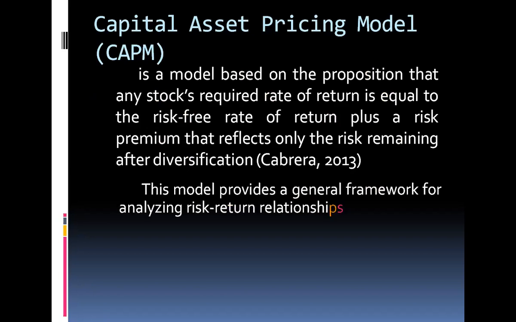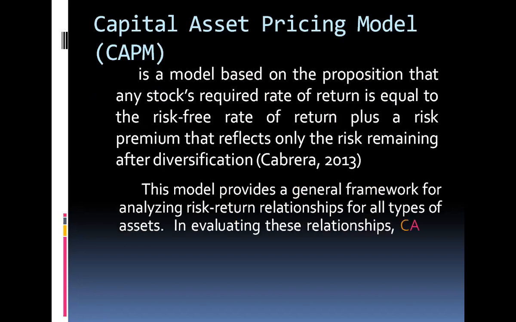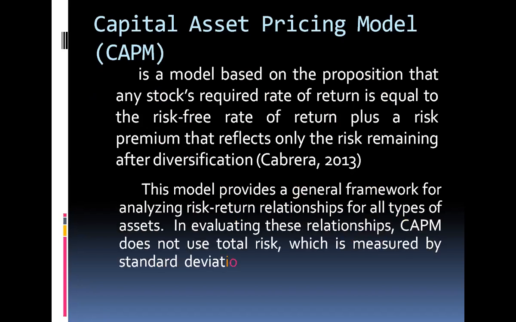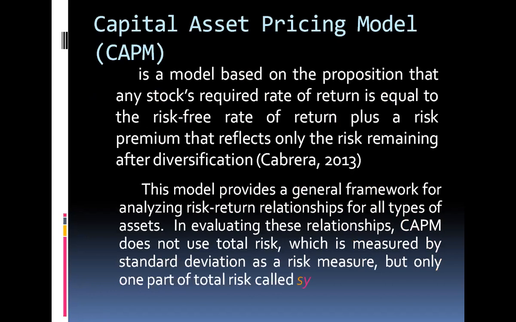This model provides a general framework for analyzing risk-return relationships for all types of assets. In evaluating these relationships, CAPM does not use total risk, which is measured by standard deviation, but only one part of total risk called systematic risk.